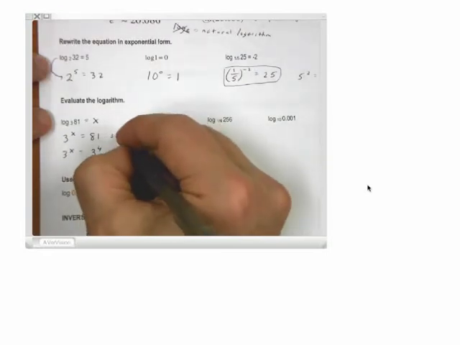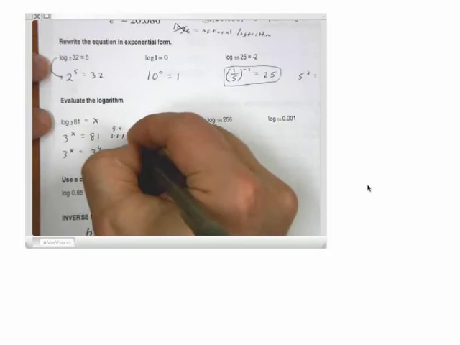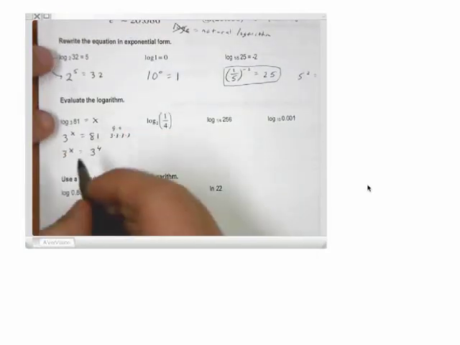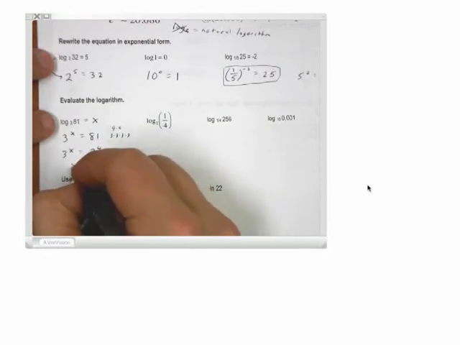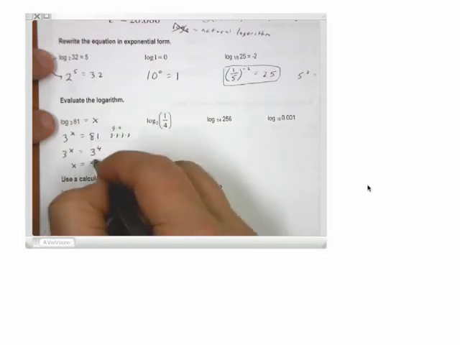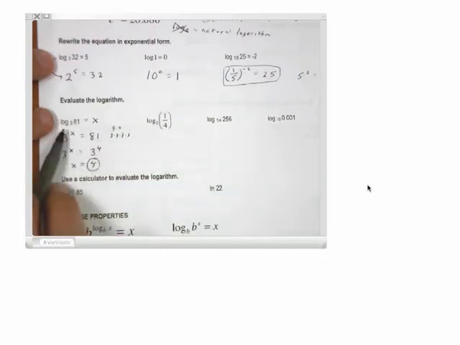We know 81 is 9 times 9, and we know 9 is 3 times 3. So 81 breaks into 3 to the 4th. So since 3 to the x is equal to 3 to the 4th, then that must mean x is equal to 4, which must mean that that's the value of the logarithm. I have to raise 3 to the 4th power to get 81.